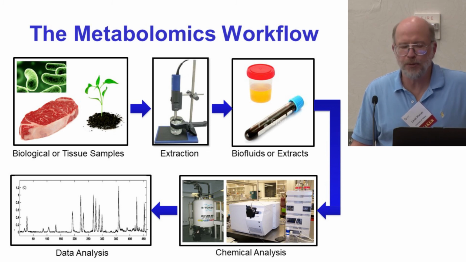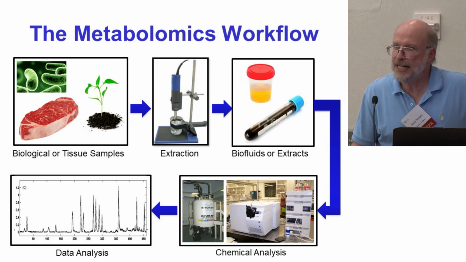And then you go through and put this through a chemical analysis. You'll use mass spectrometry, liquid chromatography, nuclear magnetic resonance spectroscopy. These are characteristic analytical techniques that are found in just about any chemistry lab. And so those first 3 or 4 steps are pretty routine. The last part, which is where the fundamental change has happened, is just the data analysis.